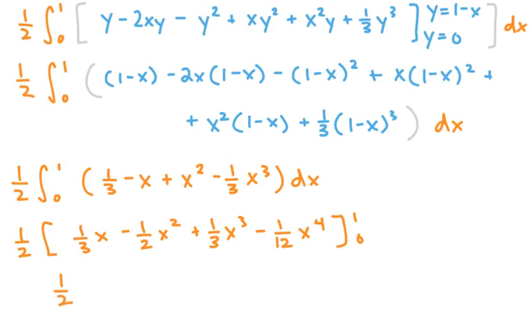And this gives me 1/2 times the quantity 1/3 minus 1/2 plus 1/3 minus 1/12, which is 1/24. So I'm not going to give you something that's that long and drawn out on the test, but you might have to work with 3 integrals, so you need to know how to deal with this. And again, I mean, it was easy. It was just tedious because of all of this algebra here.